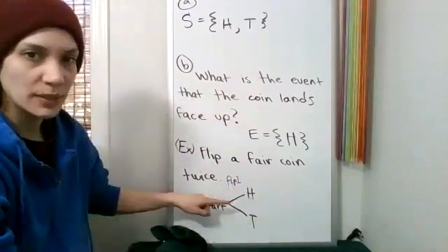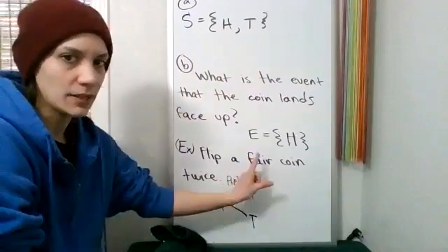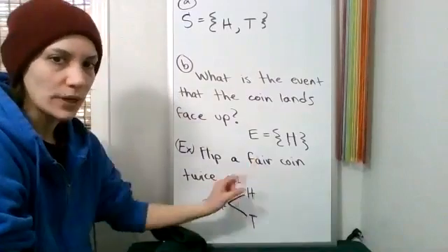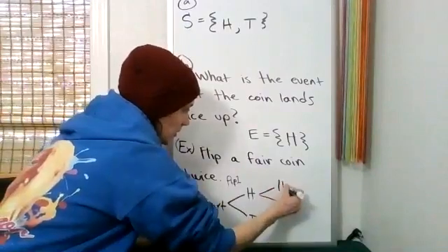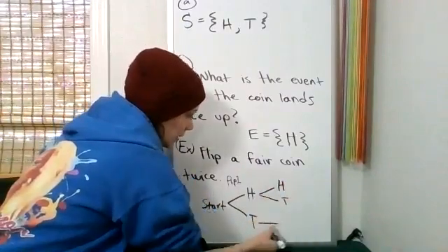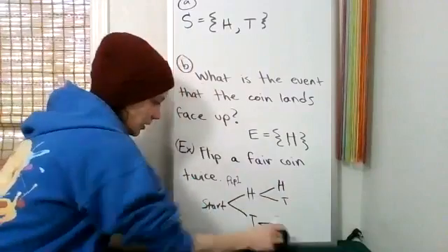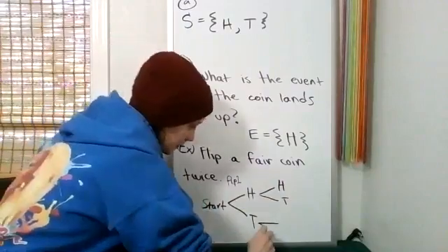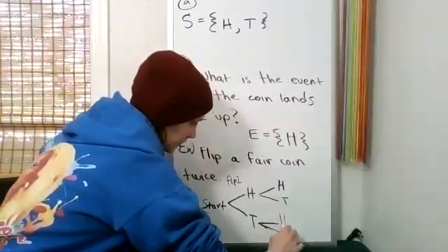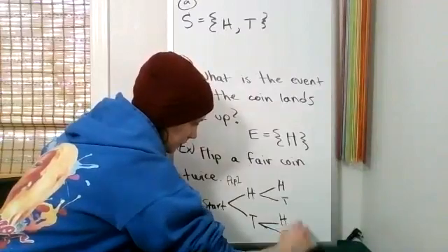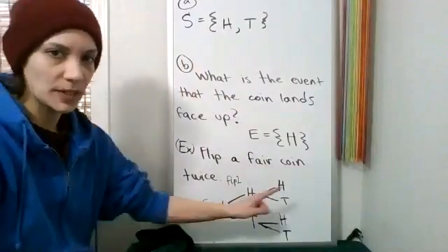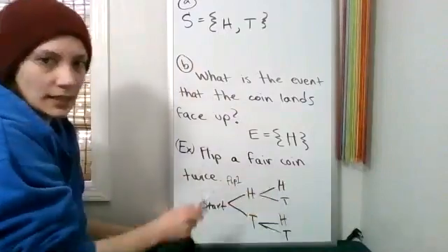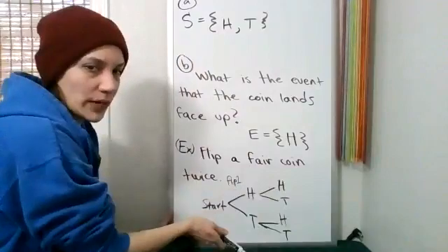From each of those possibilities, there is either heads or tails or heads or tails. So branch off and H, T, or here, H or T. Okay, you get all possible outcomes by following the branch to the end and then get every single branch.